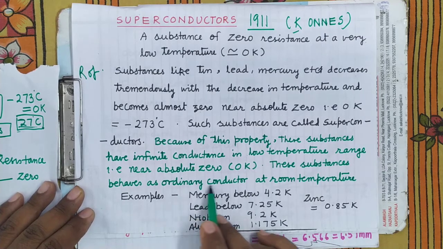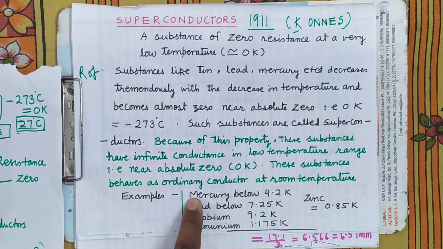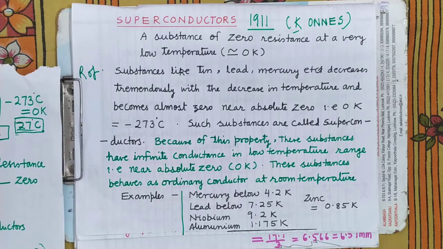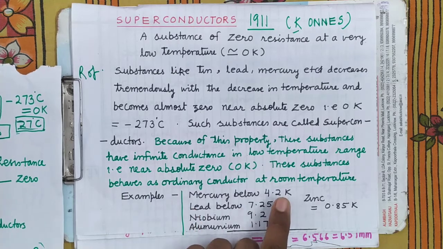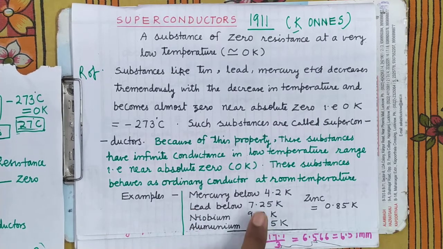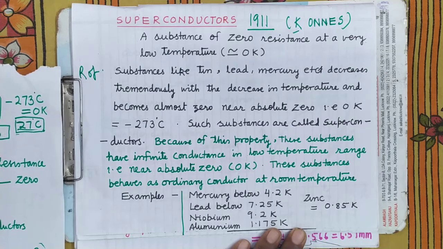These substances behave as ordinary conductors at room temperature. Here are given some substances and the temperature below which they are superconductors. Mercury below 4.2 Kelvin. Below 4.2 Kelvin means nearly minus 269 degrees Celsius.